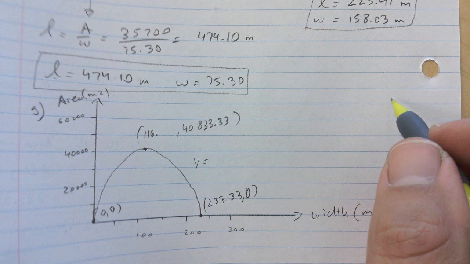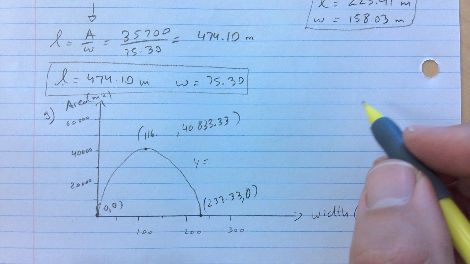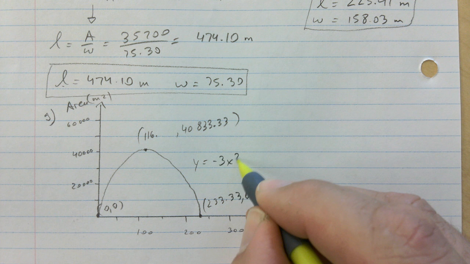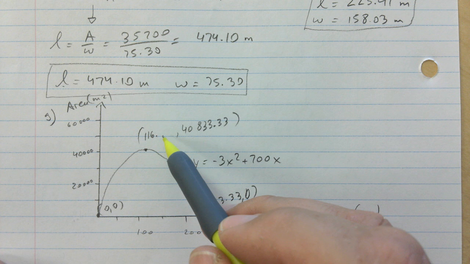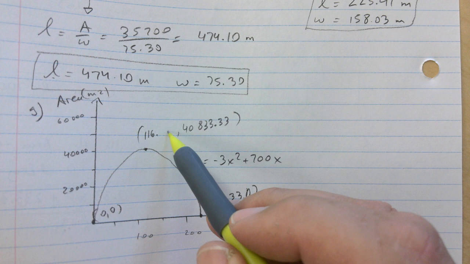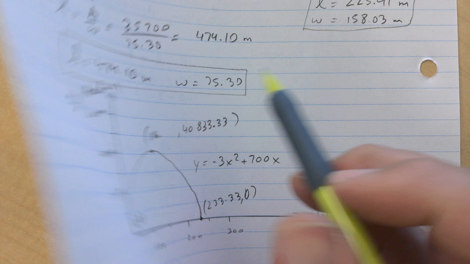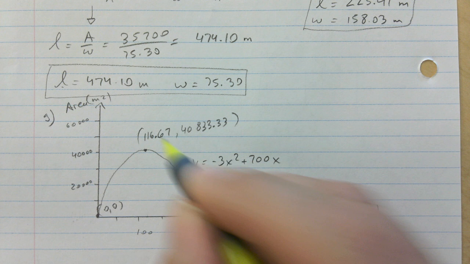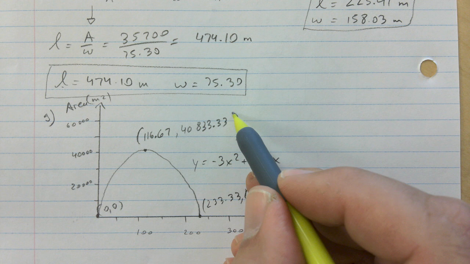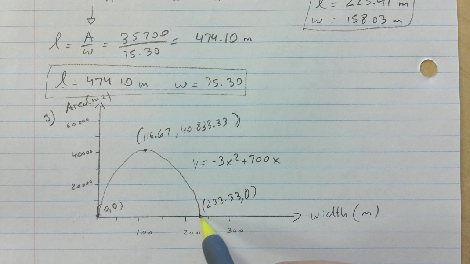Sorry, I'm just. 116 point, is it 83? 67. Sorry, 67. There it is. Intercepts, vertex, equation, label with units, scale, done.